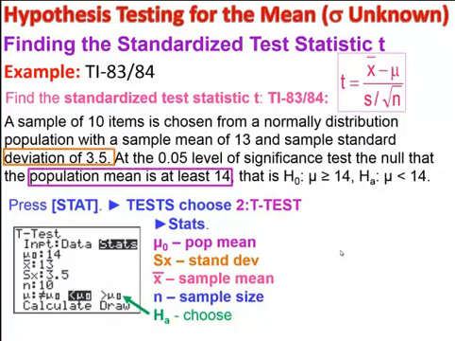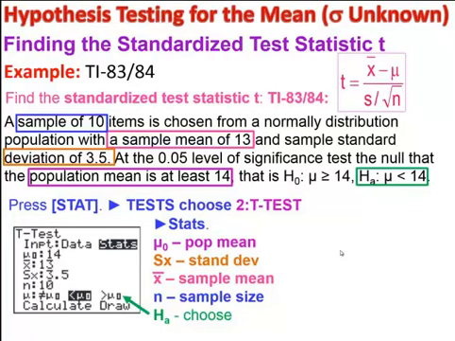Then you're going to find from the information in the problem your population mean, and the population mean will always be represented in your hypothesis statement. You're going to find your sample mean and your sample standard deviation and then the sample size.